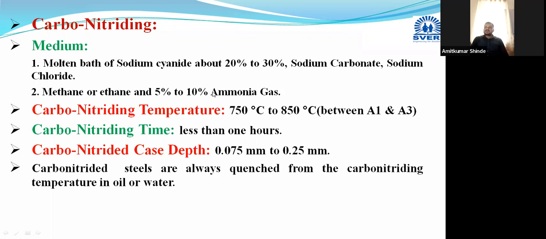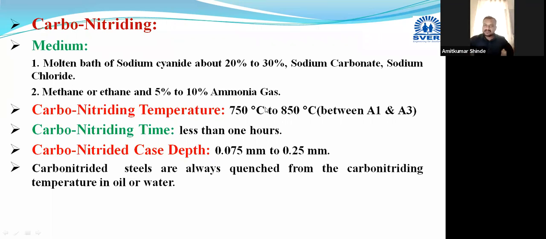Now why are we not using just below A1? Because if we use just below A1, then diffusion of carbon does not take place. And if we go above the A3 temperature, then the carbon and nitrogen diffusion will not occur.